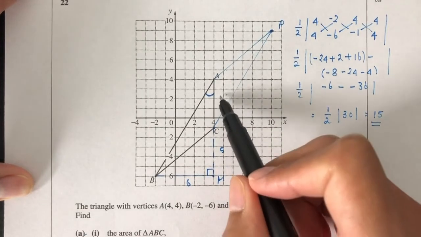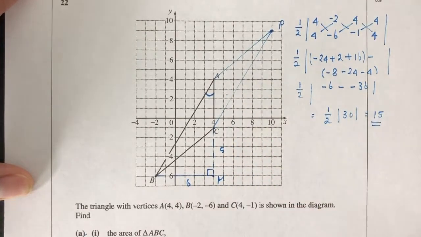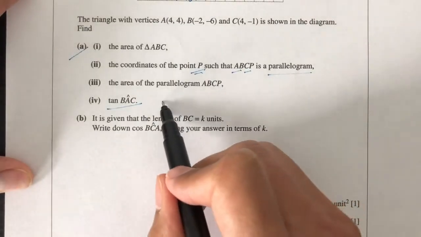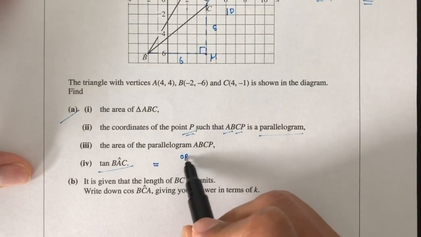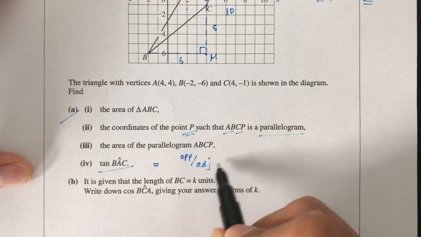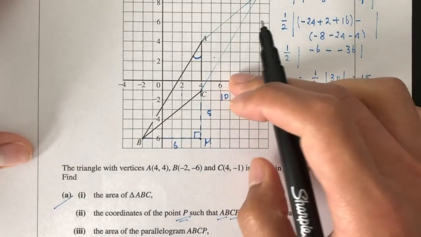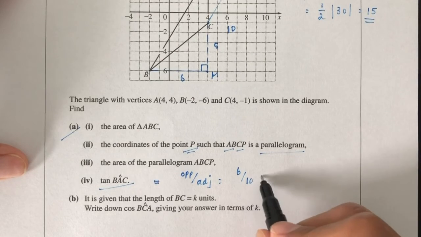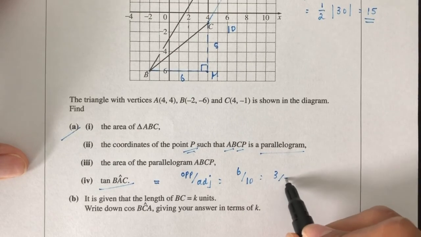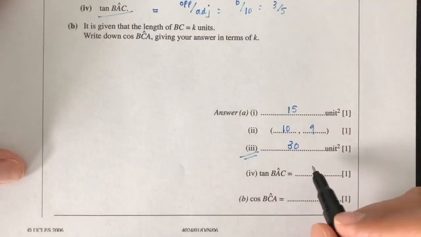This is 5, this is 5, so AM is 10. This big side here is 10. As you know, tan is opposite side over adjacent side. Opposite side is 6 over 10. That should be 3 over 5. That is your answer for this one.